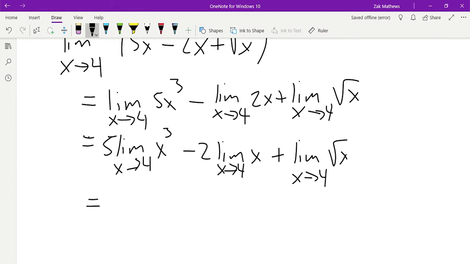And then the final thing to do is to realize I still have an exponent, I still have a root. And so what the rules tell me is I can pull the limit to the inside of that exponent. So I'm going to look at the limit as x goes to 4 of x, and then whatever I get for that, I'm going to raise that to the third power. So it's made it completely obvious to me that all I have to do is replace that x, and then whatever we get for that limit, we're going to cube it.